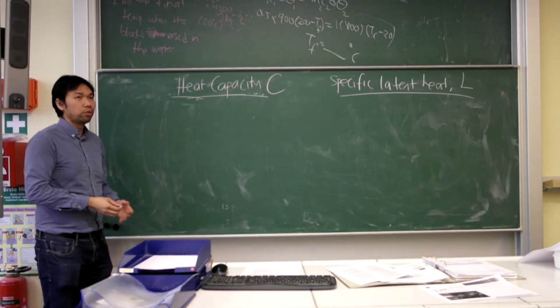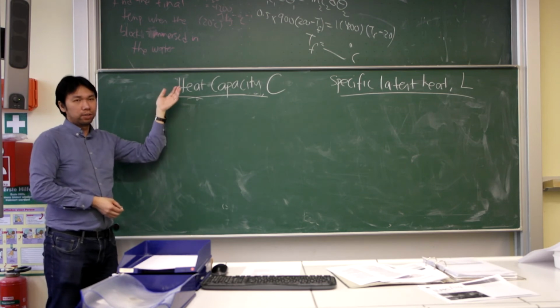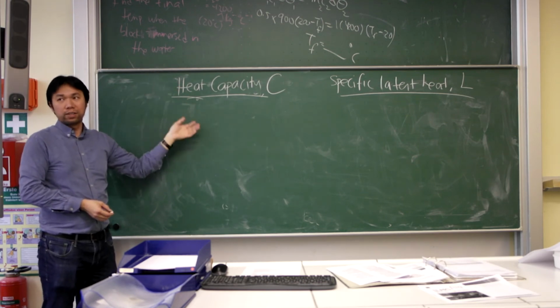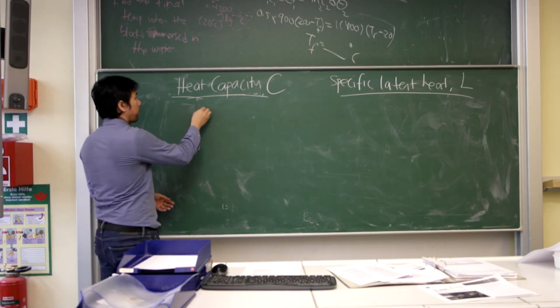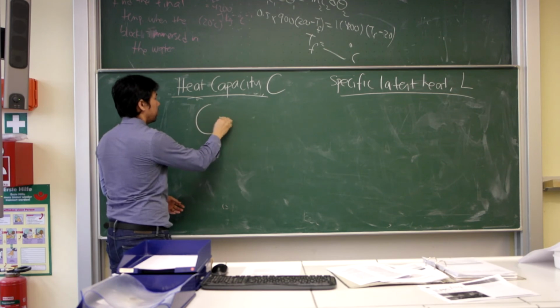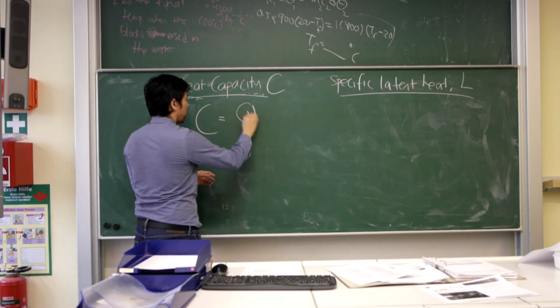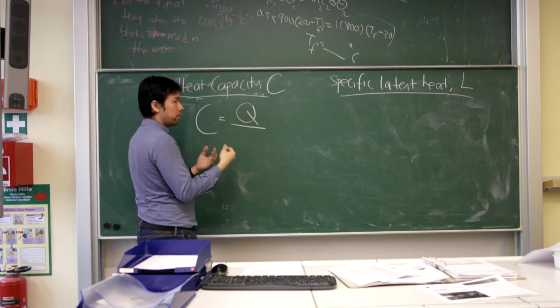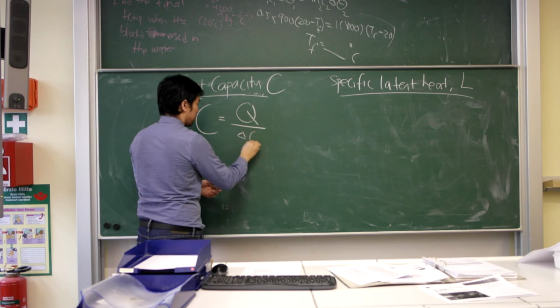Okay, let's go to the one last part, guys. Sabrina asked the question, what is heat capacity? That is a very good question. Heat capacity, C, is big C. The definition is the amount of heat required to raise the temperature of an object by 1 degree Celsius.